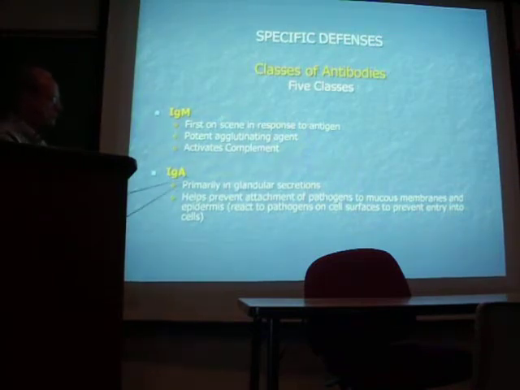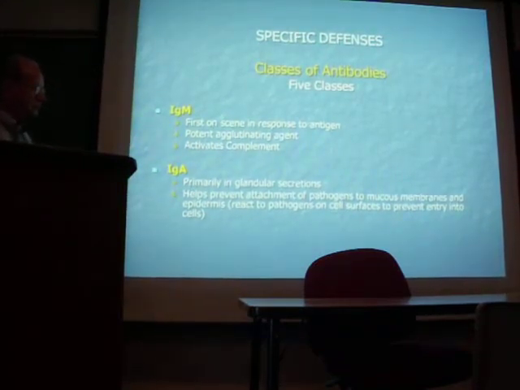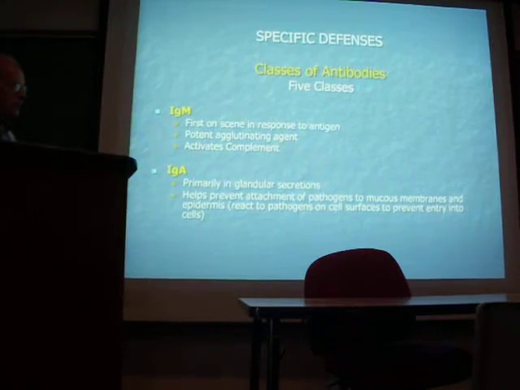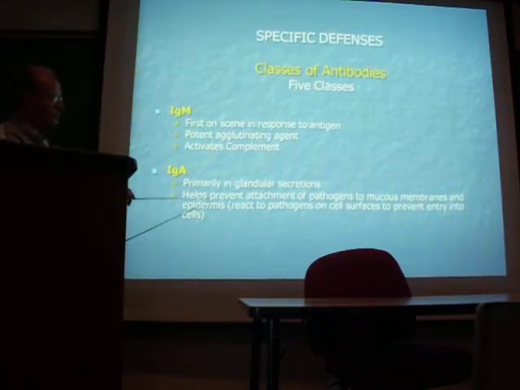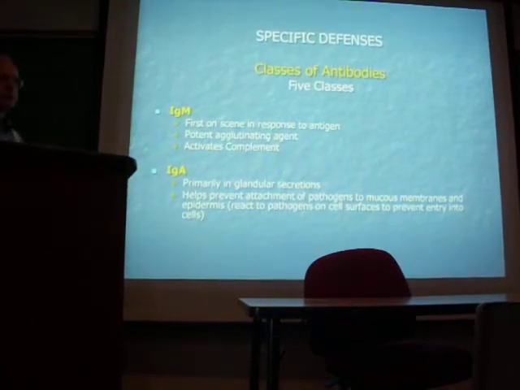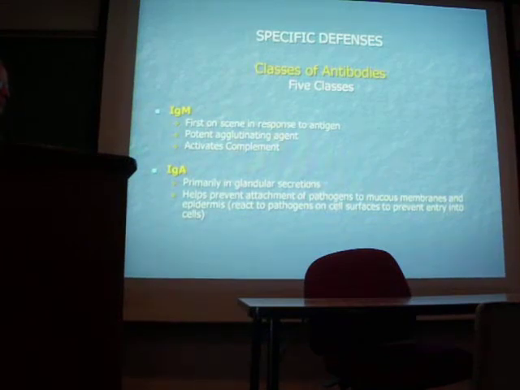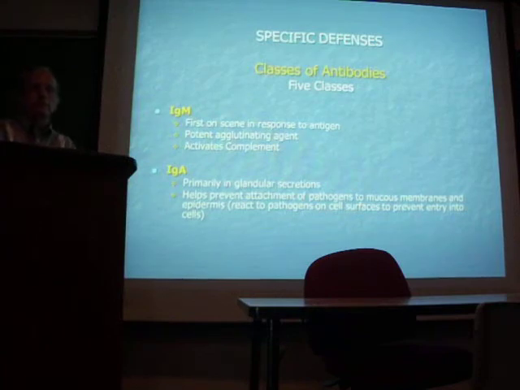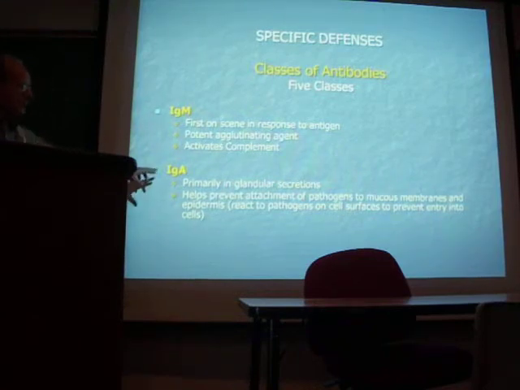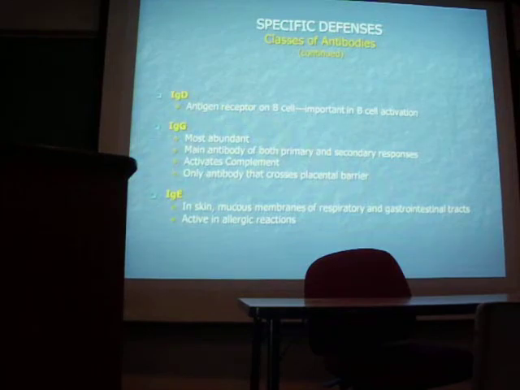IgA antibodies are found primarily in glandular secretions. They are helpful because they help prevent attachment of pathogens to mucous membranes and epidermis. Remember we said there's a class of antibodies that is in the mucous membranes of the tracts of our various systems. They're IgA class. The IgD is important in B cell activation.